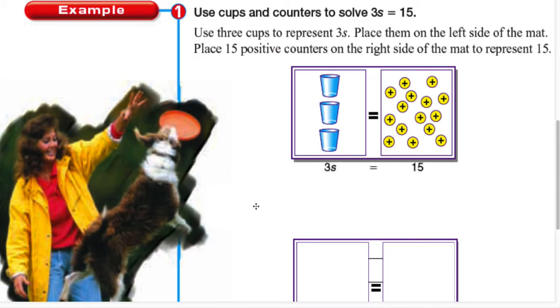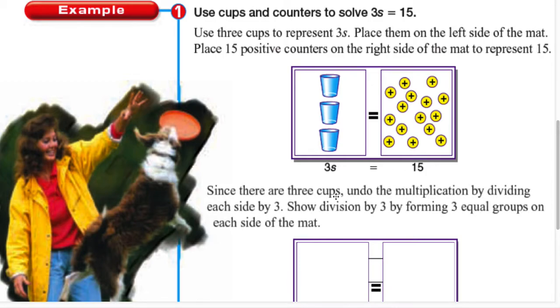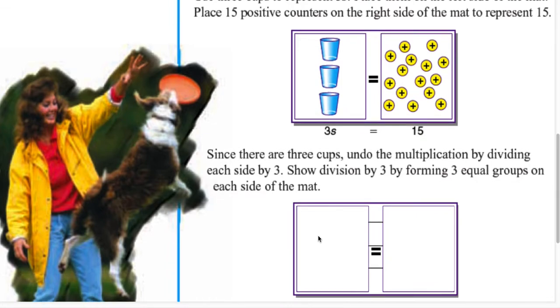Since there are 3 cups, we need to undo multiplication by dividing each side by 3. So show division by 3 by forming 3 equal groups on each side of the mat. So how do you do this? We want to make this 1 cup, and to be able to do that, we divide this by 3, so 3 groups. Remember, whatever you do to one side of the equation, you need to do to the other side.